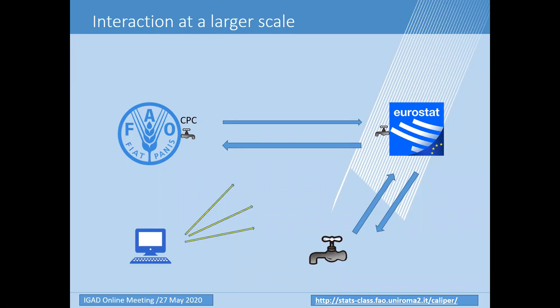We are testing with Eurostat, and hopefully it will be expanded with others. The little tab at the bottom is just for other people in the network. And the little computer to the left is to say that even normal users, not institutional users, will profit from this, because they will be able to get the latest versions and services about the statistics.